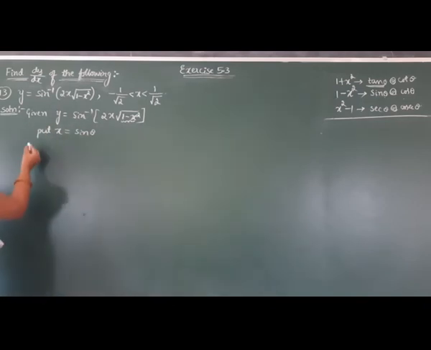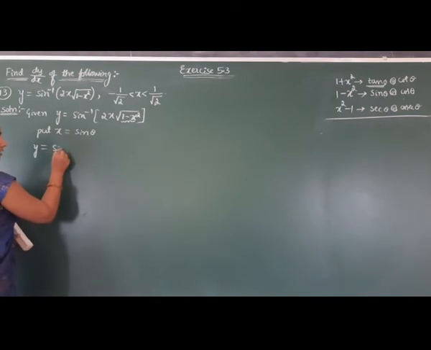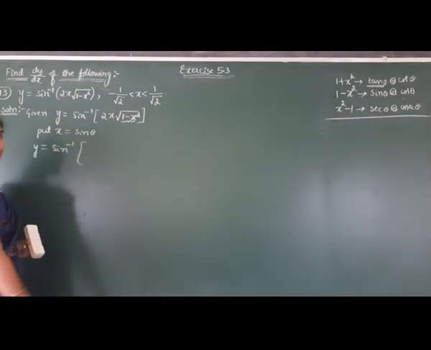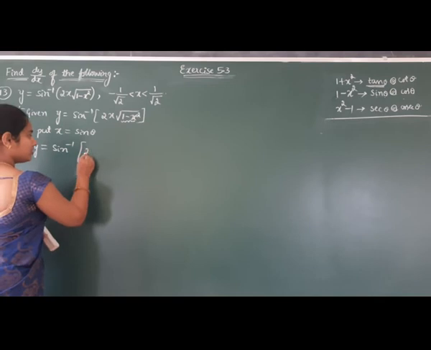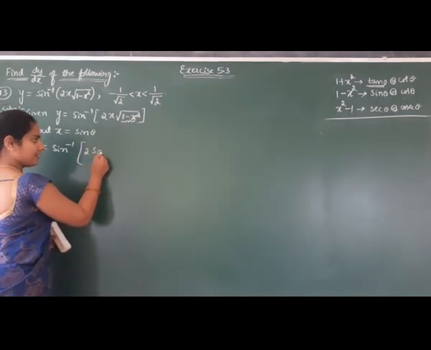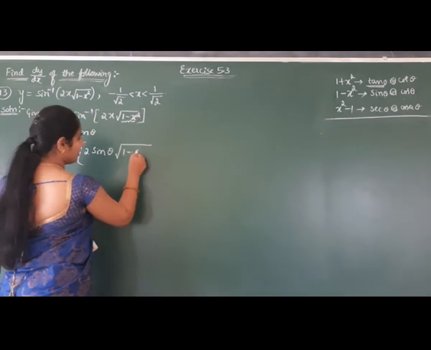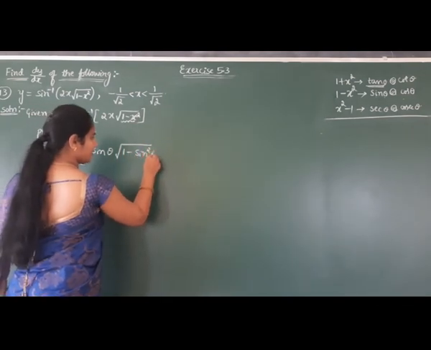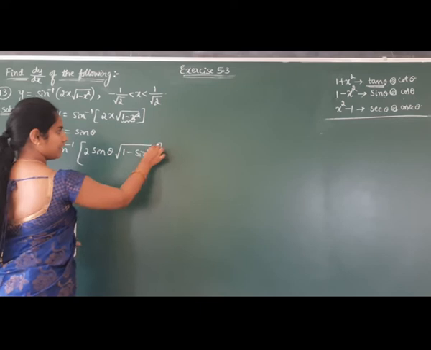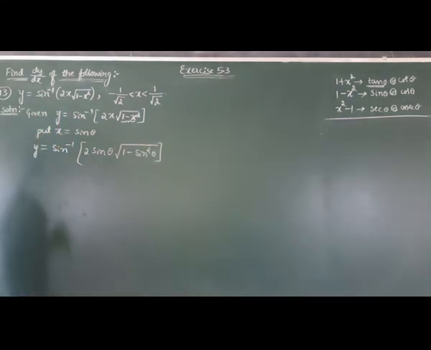So the equation becomes y is equal to sin inverse of 2 into sin theta into square root of 1 minus sin square theta.